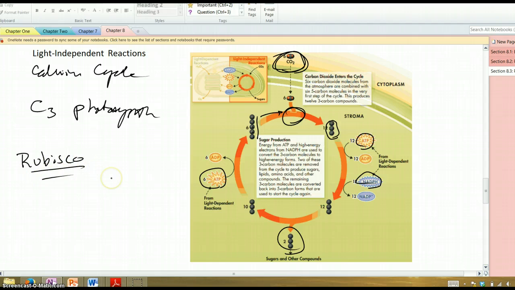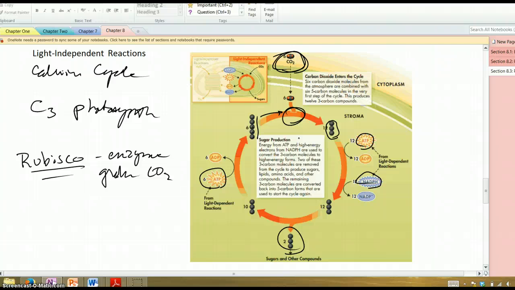It's known as Rubisco, and this is an enzyme, and of course enzymes facilitate reactions. It's facilitating this reaction. This enzyme basically grabs on to CO2. It's the enzyme in plants, in their chloroplasts, in the stroma, that has an affinity for CO2 and grabs onto it and pulls it into the cycle. Okay.